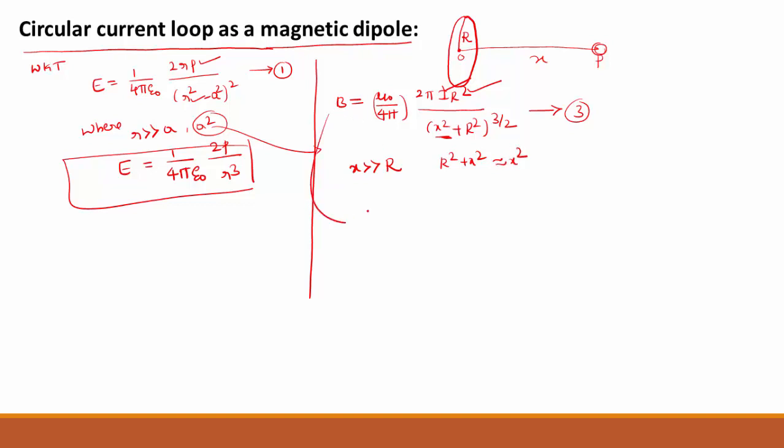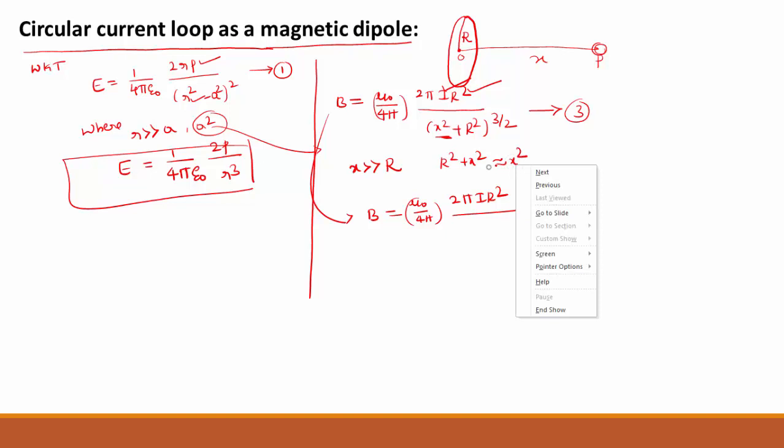Then we write this equation, B is equal to mu naught divided by 4 pi, 2 pi I R square divided by (R square plus x square), which is nearly equivalent to x square, whole to the power of 3 by 2.